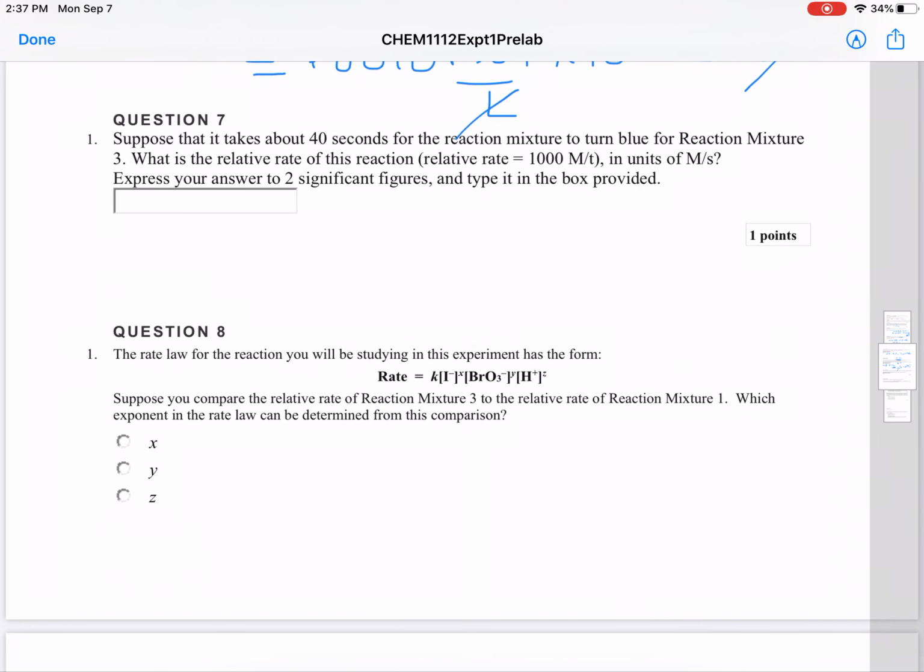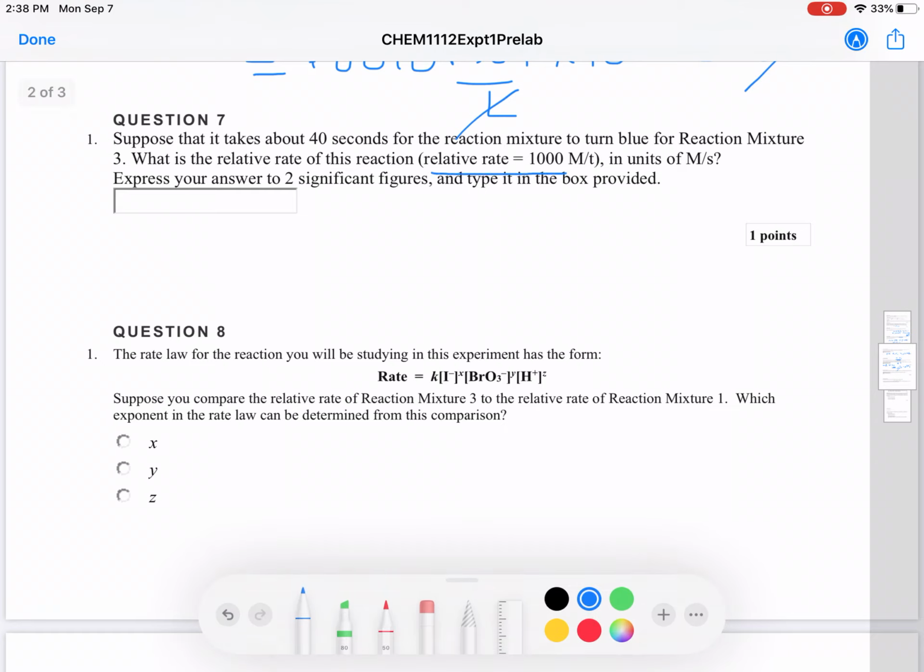So question number 7. Suppose that it takes about 40 seconds for the reaction mixture to turn blue for reaction mixture 3. What is the relative rate of this reaction? The relative rate equation is 1000 over time.